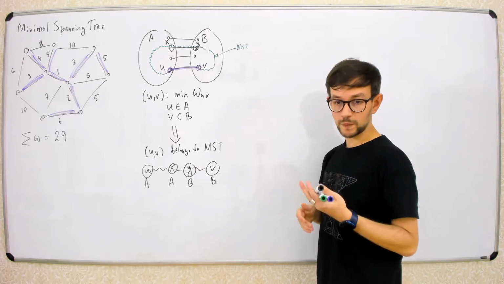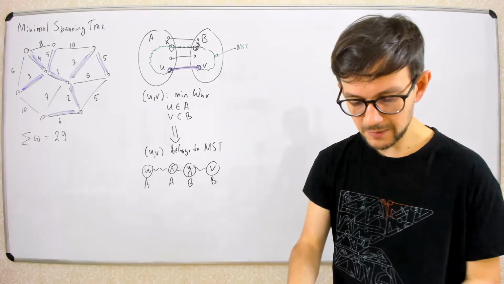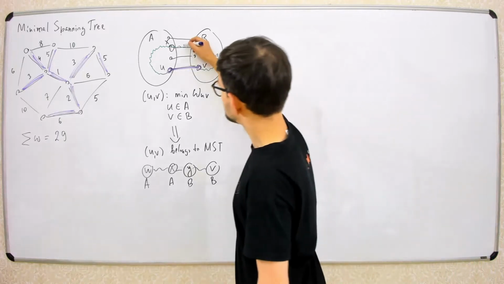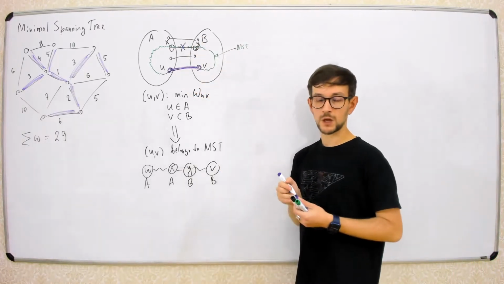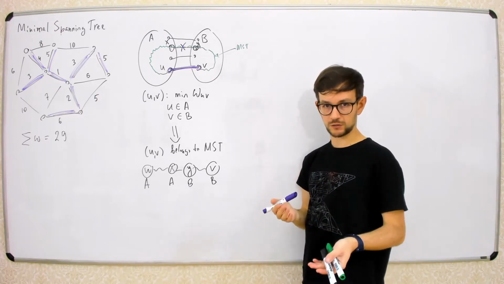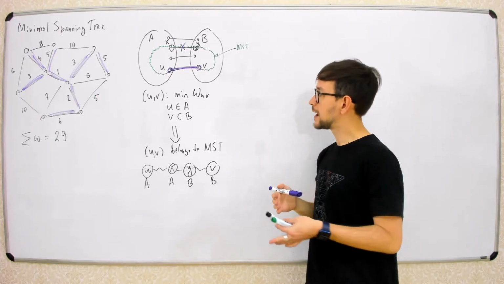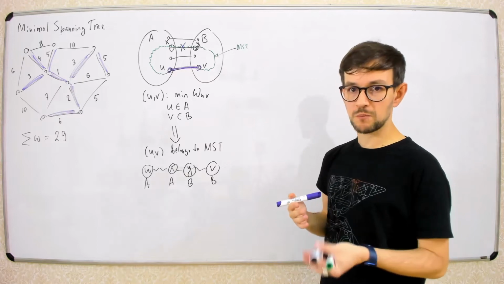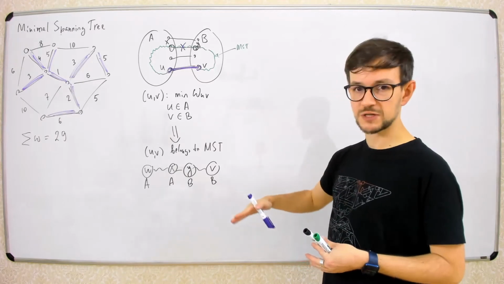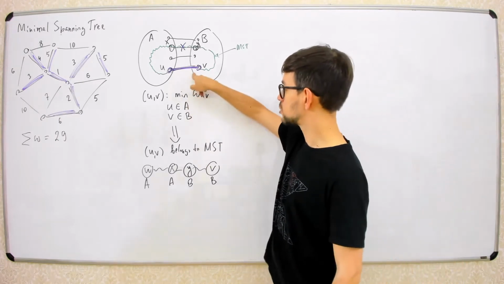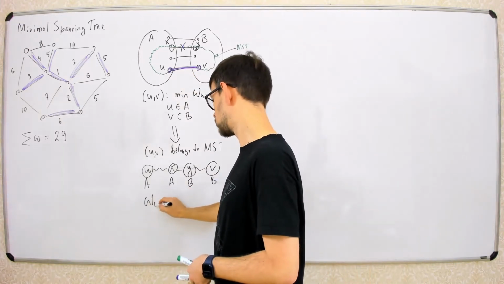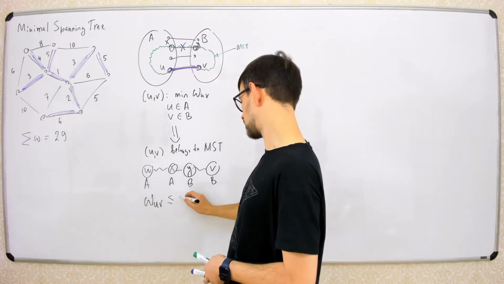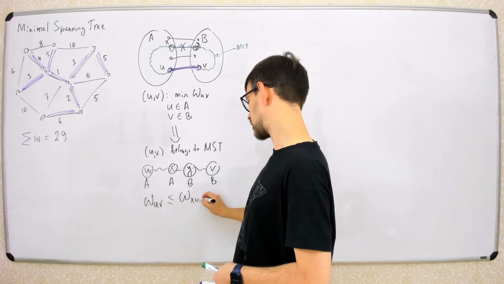Now, what can we do? We can take this minimal spanning tree, remove this edge xy, and add this new edge uv. We will get again a spanning tree. And the cost of this spanning tree will be not greater than the cost of the previous spanning tree, because uv is the minimal edge, so the cost of edge uv is not greater than the cost of edge xy.